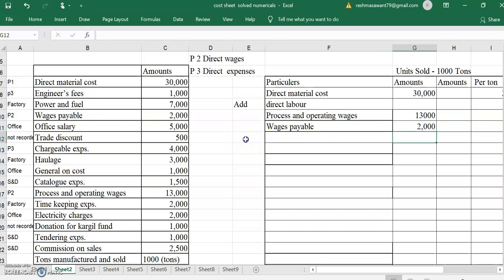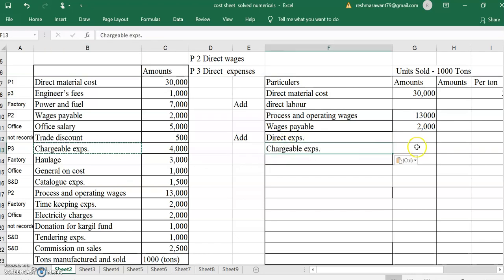Next point of prime cost, add direct expenses. So what are the direct expenses? There are three components of prime cost: direct material, direct labor, and direct expenses. Direct expenses start with the chargeable expenses.